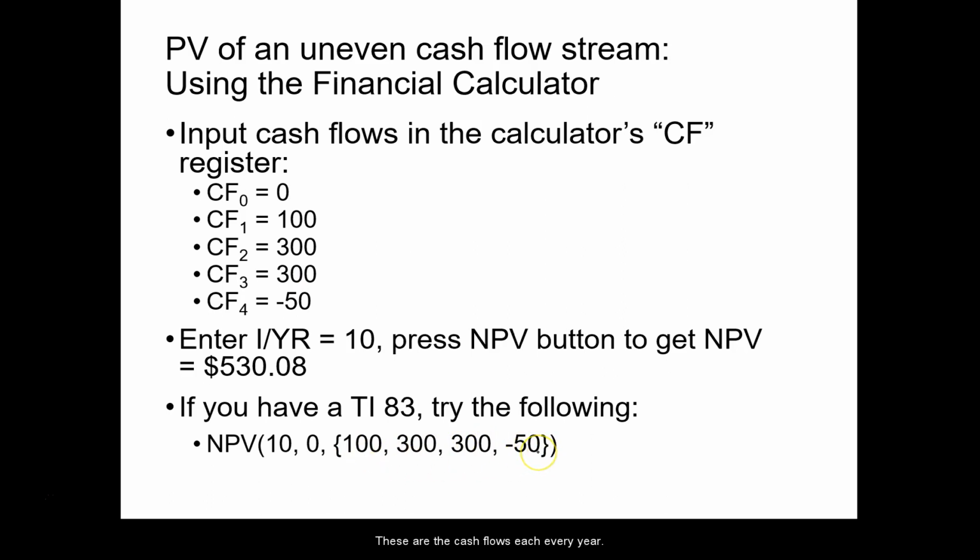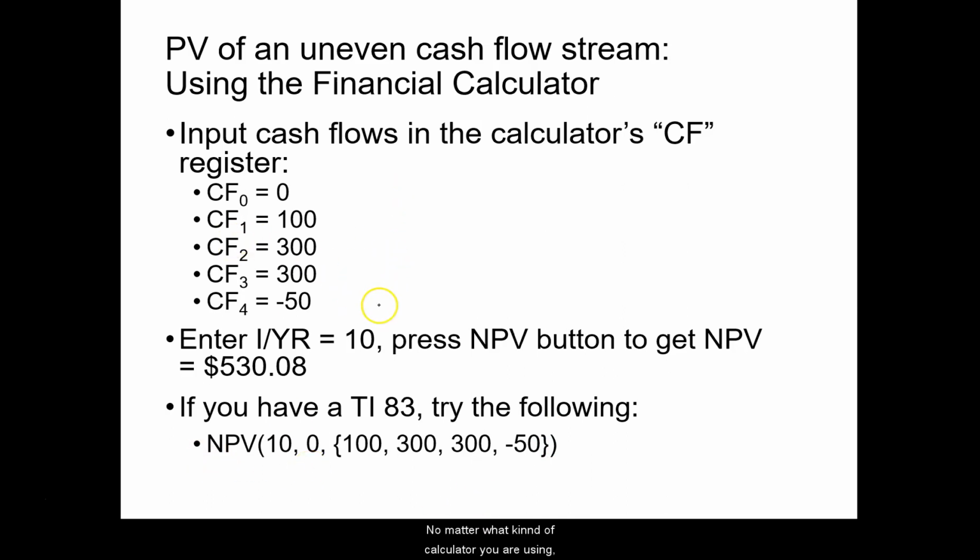These are the cash flows every year. So make sure you enter exactly the same as what I have here. All these numbers are separated by a comma, and then you have the braces here, and then you close the parentheses and press enter. You should get the NPV result.